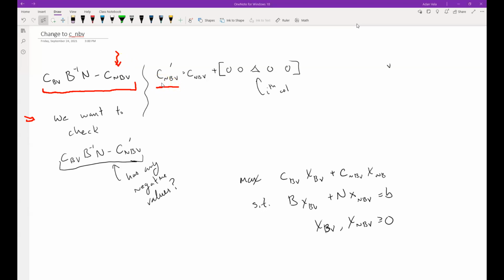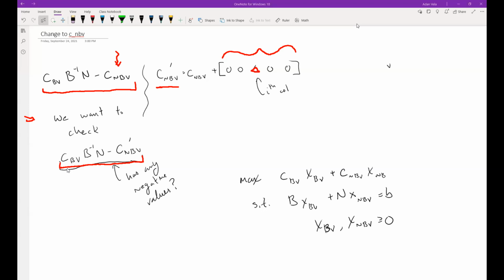CNBV prime is just our original CNBV plus some delta value in the ith column. We want to check when row 0, with this new CNBV prime, has any negative values.